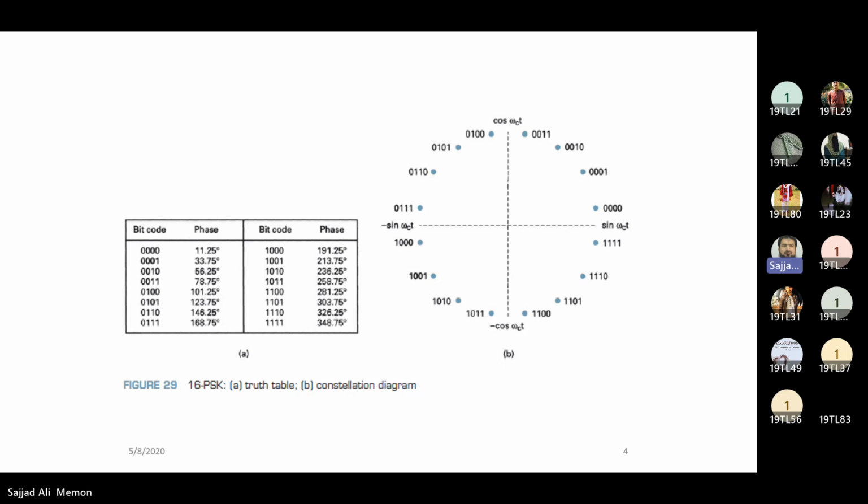You can say that the bit rate of 16 PSK will be 4 times greater than that of BPSK. But the problem is that the spacing between the symbols is too narrow, so that may cause bit errors if the channel has any impairments.